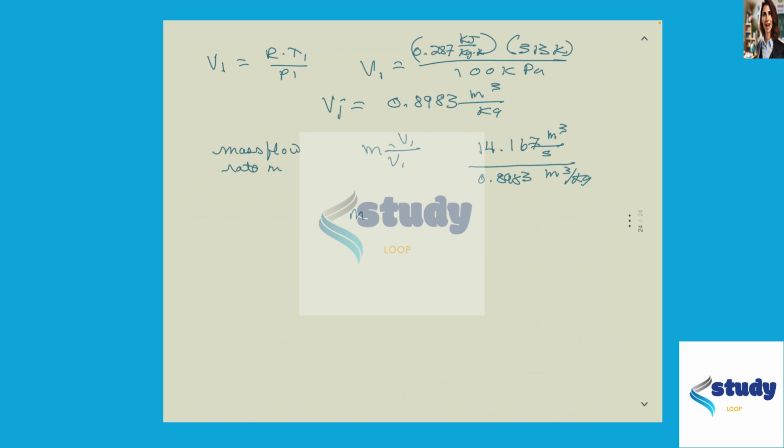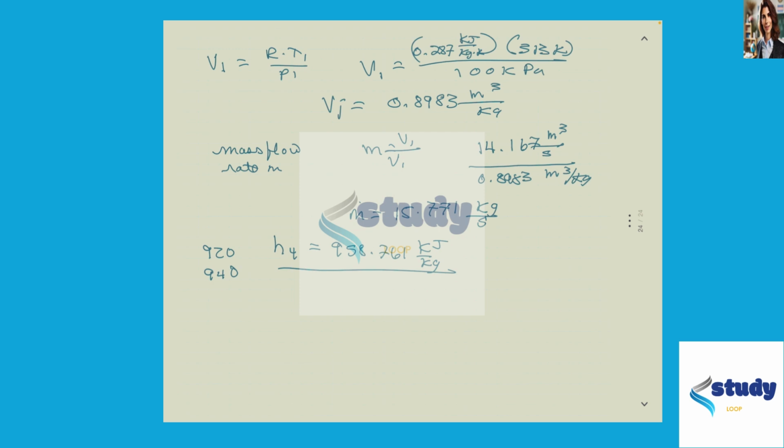And this will equal 15.771 kilograms per second. Then at point 4, we've got 920 and 940, and our H4 here will be 958.761 kilojoules per kilogram after interpolation.